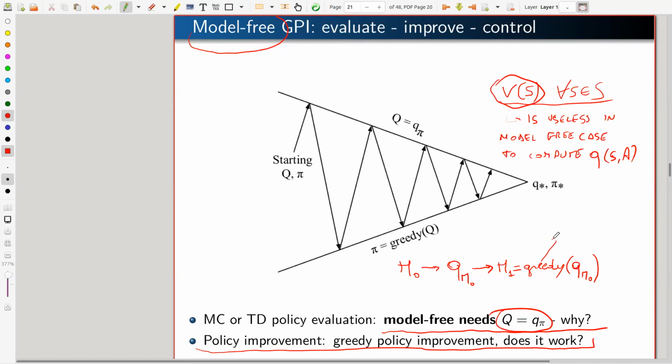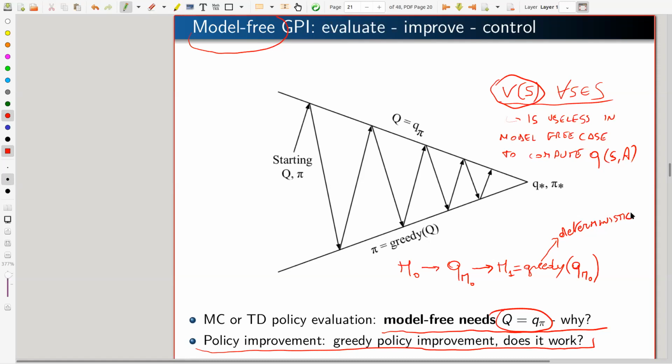The greedy policy has a very particular property. When you think about the greedy policy, something should pop out in your mind immediately. It's deterministic. Deterministic, thank you very much. The greedy policy is deterministic.